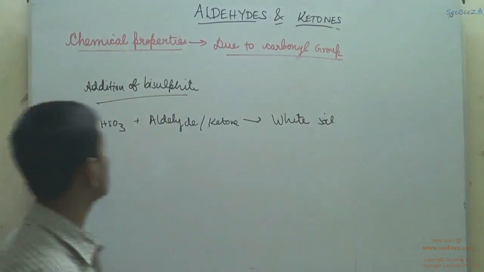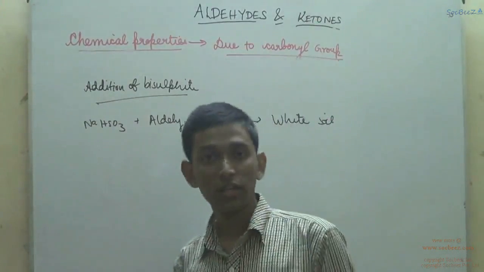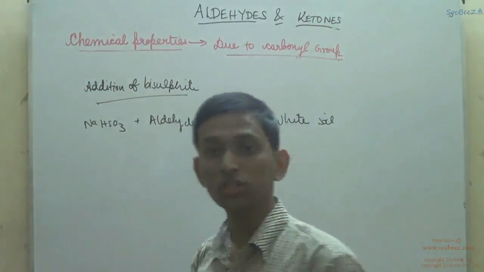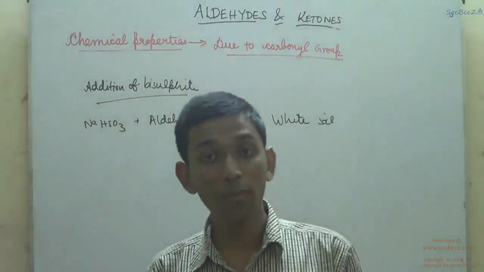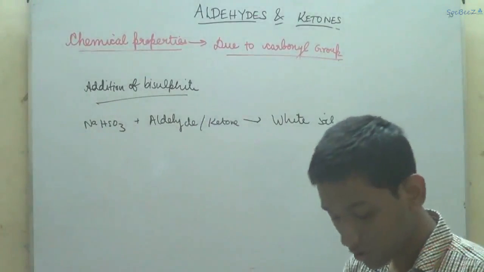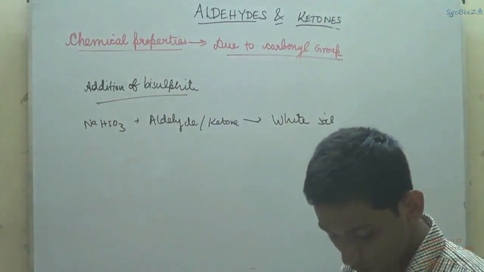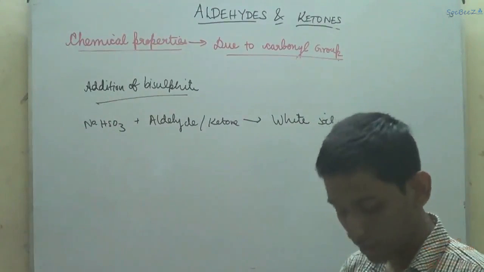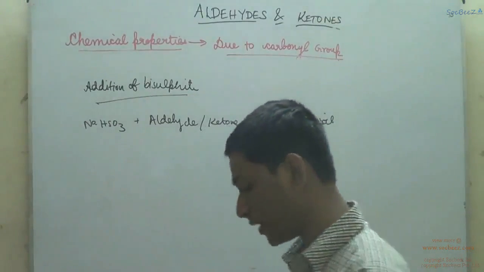The another reaction is when bisulfide, sodium bisulfide or potassium bisulfide is treated with aldehydes and ketones. You get a white solid, and this is a test for again carbonyl compounds, and this white solid is easily converted back to the aldehyde or ketone by treating it with dilute HCl or alkali or even formaldehyde.